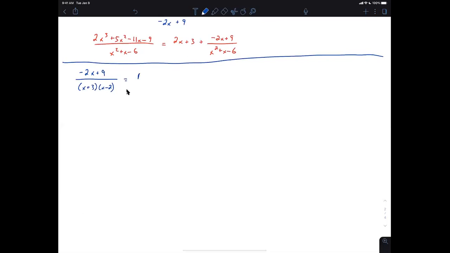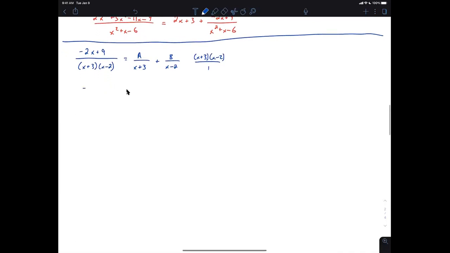Okay, these are both distinct linear factors. So we write this as A over x plus 3 plus B over x minus 2. The common denominator is x plus 3 times x minus 2. So we multiply by that over 1. On the left, that gets us negative 2x plus 9.